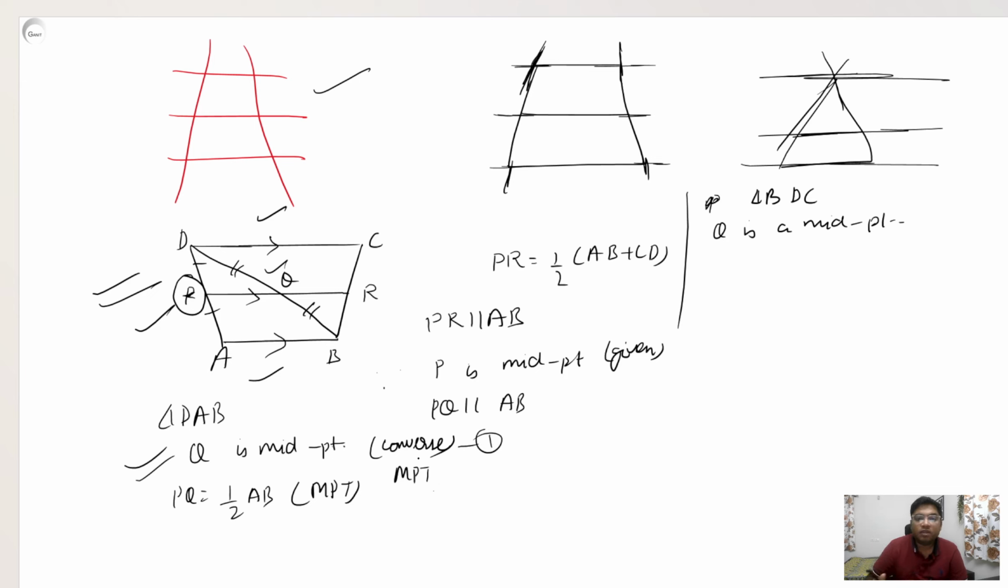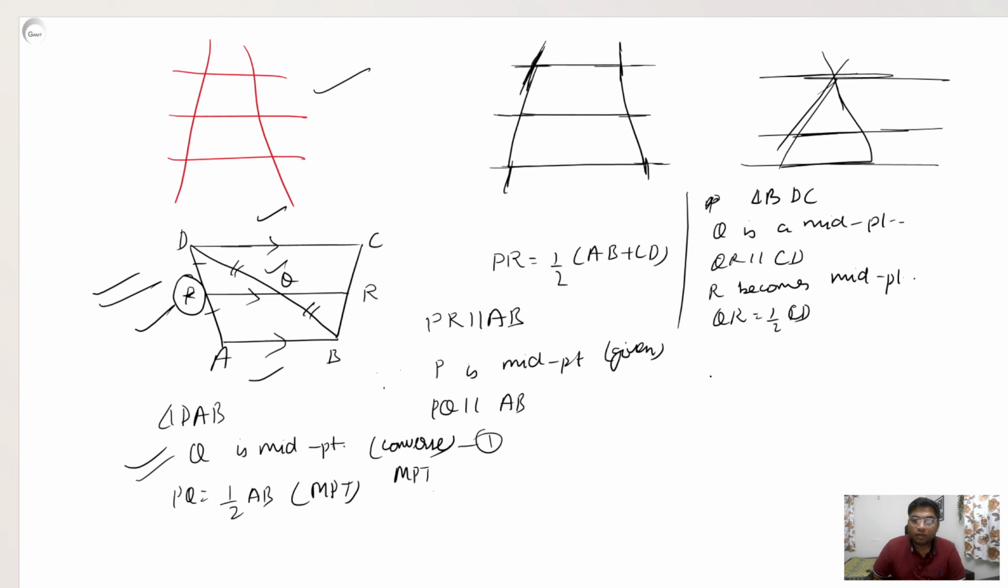We just proved it. We also know that QR is parallel to CD. That's given to us. What does that mean? If you look at the triangle BDC, one midpoint and a parallel line. Again, by converse of midpoint theorem, R becomes midpoint. Right? That means QR is equal to half of CD.